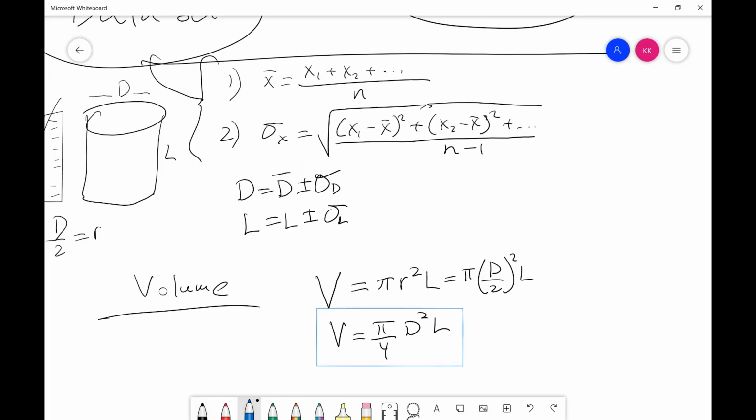But that means what we're doing here is not measuring volume. We're calculating volume. We are deriving volume, using the diameter and length, 2 things that we already measured. Volume is not something we can measure, but we can derive it.